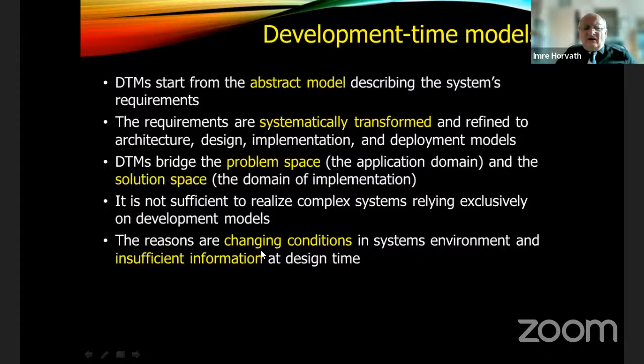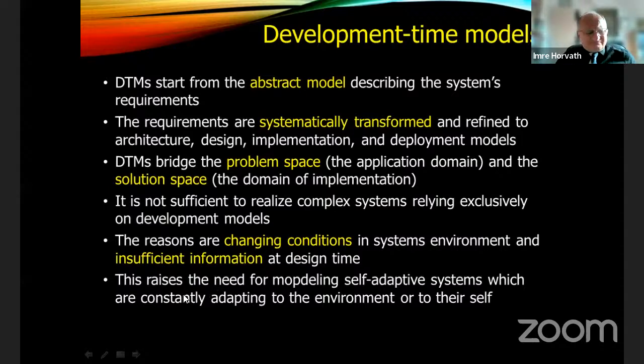That creates the need for runtime models, in order to complete the insufficient information conveyed by the development time models with the information that can be accessed or acquired by runtime models. And this raises the need for modeling self-adaptive systems, which are constantly adapting to the environment or to themselves.